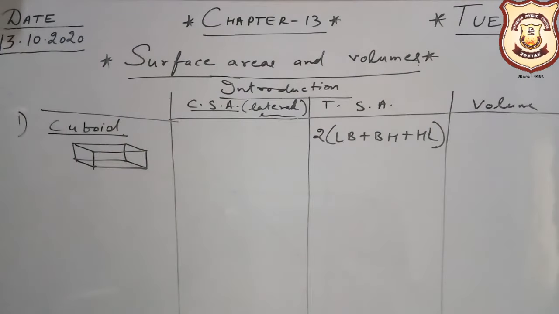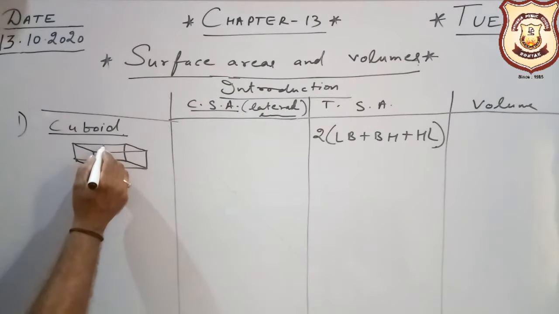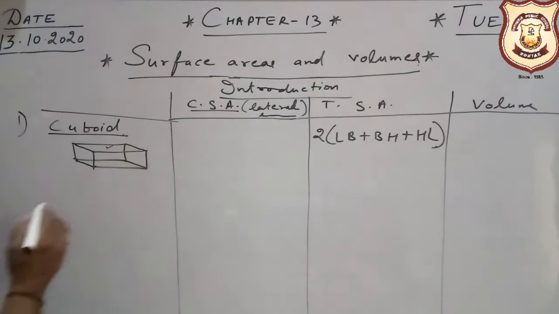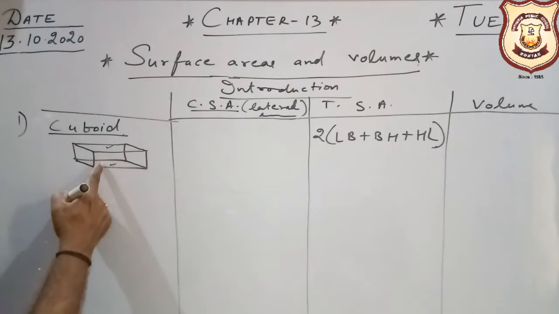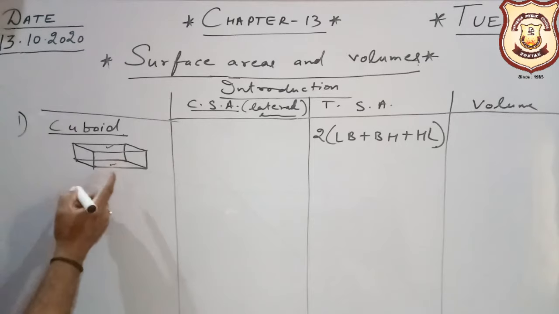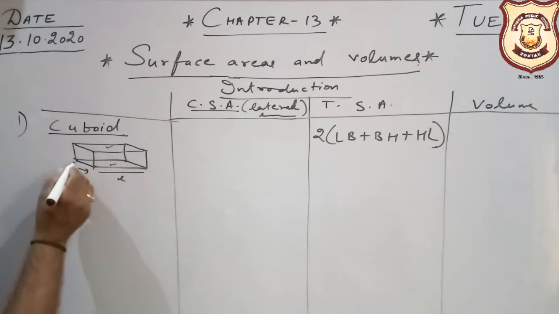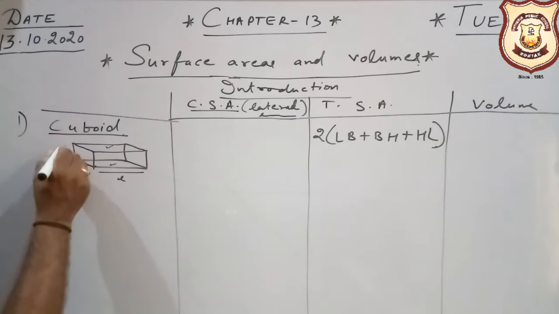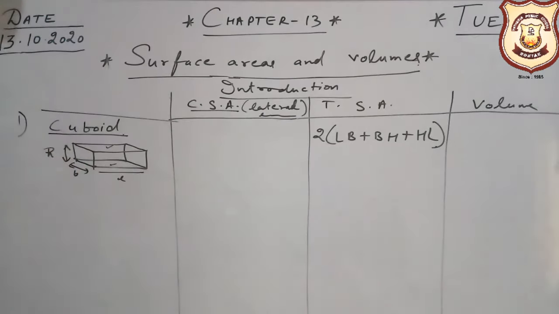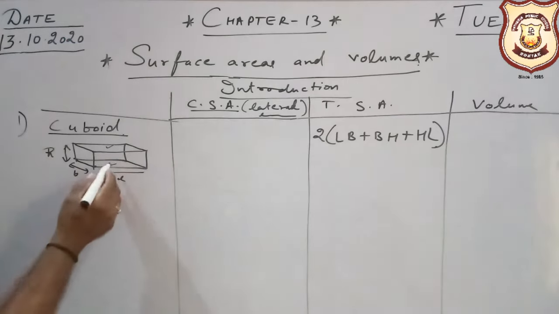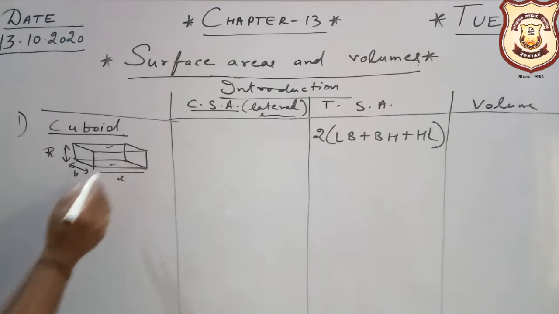Okay students, here you can leave out the top portion and the bottom portion. You know very well, this one is L, this one is B, this one is H.